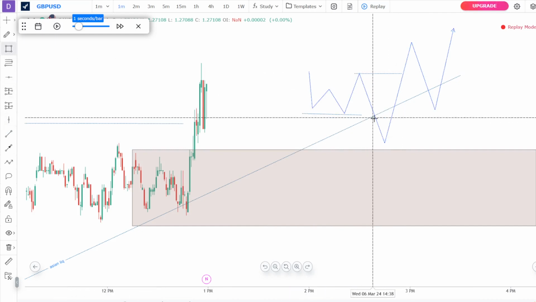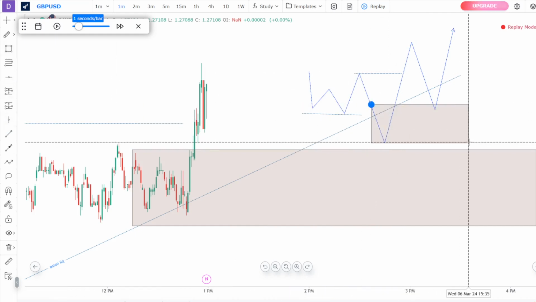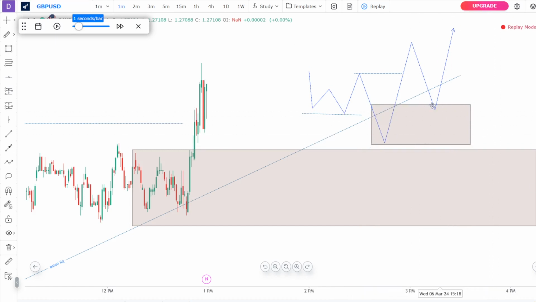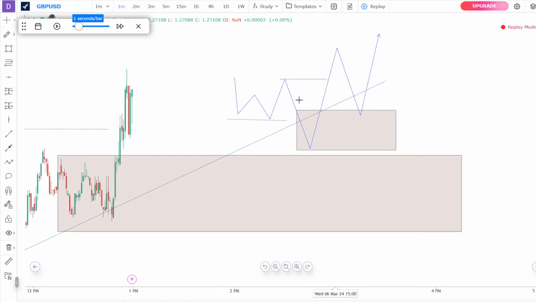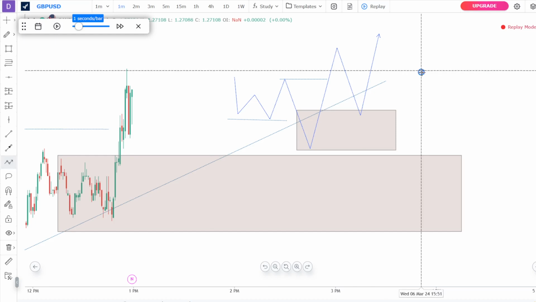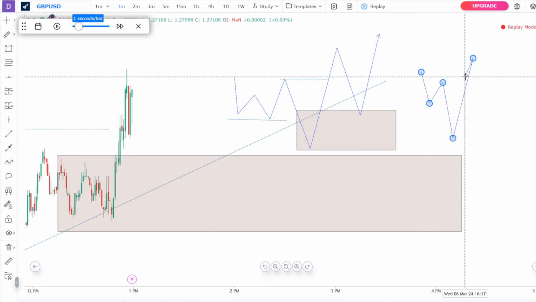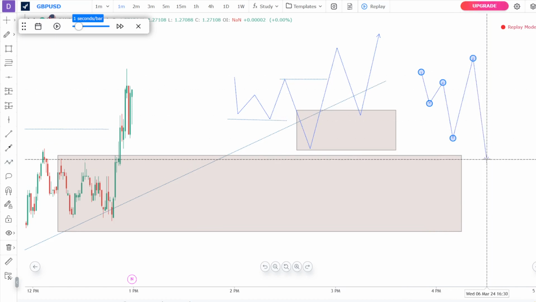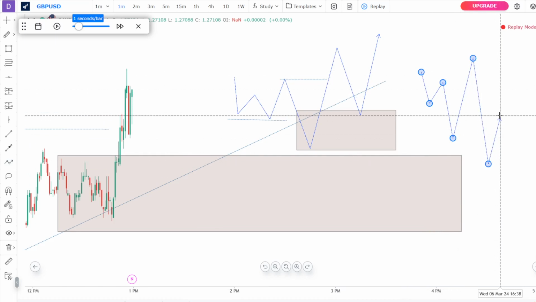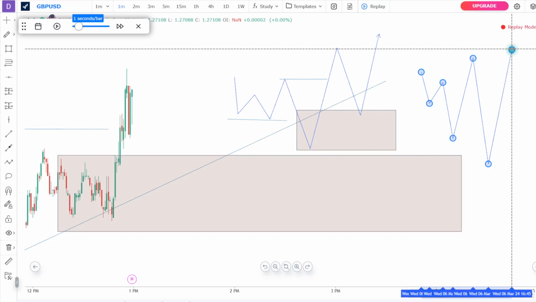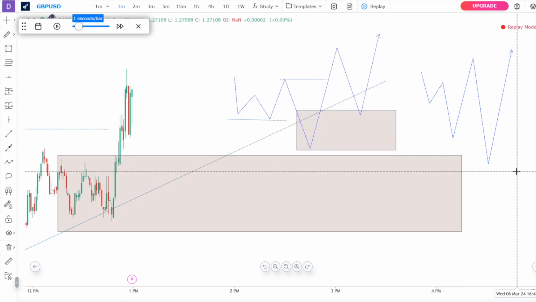Then we are waiting for an entry from here to take long. Or we are waiting for the price to break the structure to the upside, again break the structure to the downside, then we can look for long. Okay, so we are waiting for one of these two things.